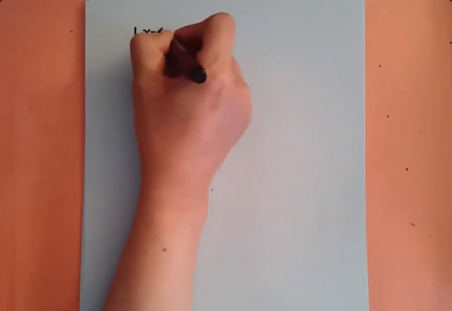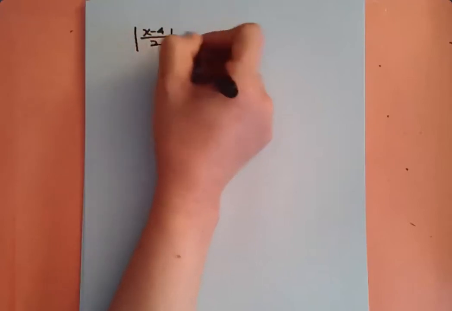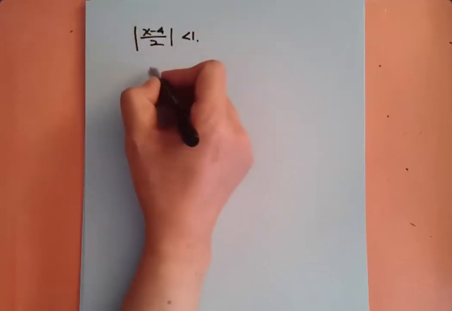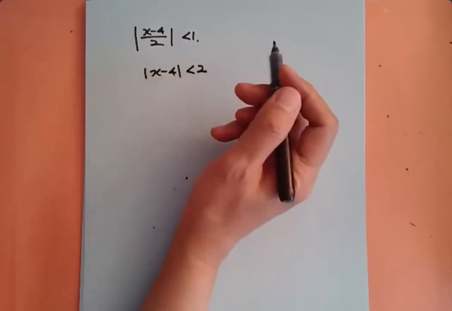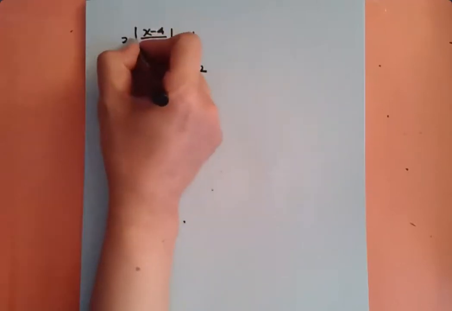So the radius of convergence will be absolute value of x minus 4 over 2 is less than 1. So we can say that absolute value of x minus 4 is less than 2 by multiplying by 2 on both sides.